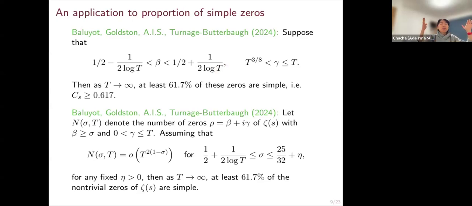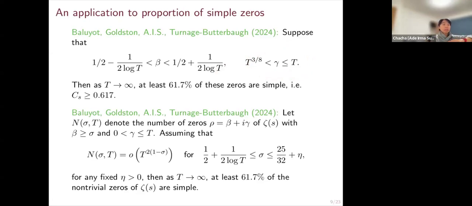Only within this height, you assume that you don't have any other zeros. So you assume that all the non-trivial zeros will lie within this box.